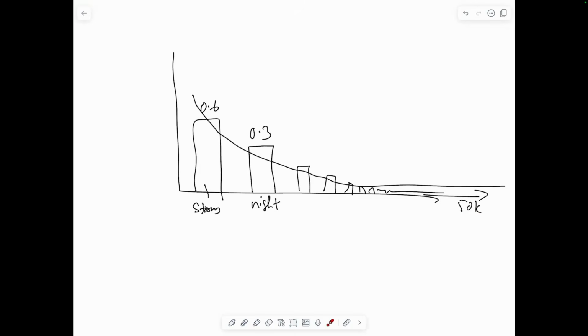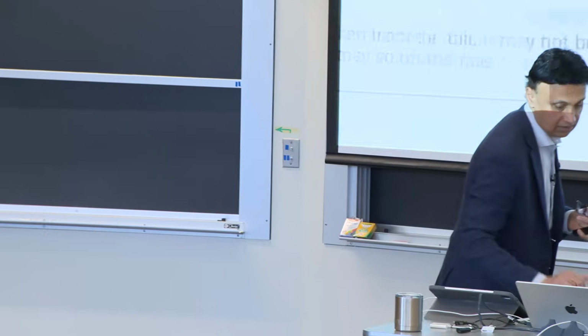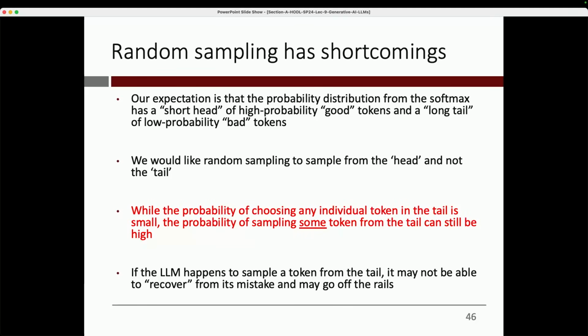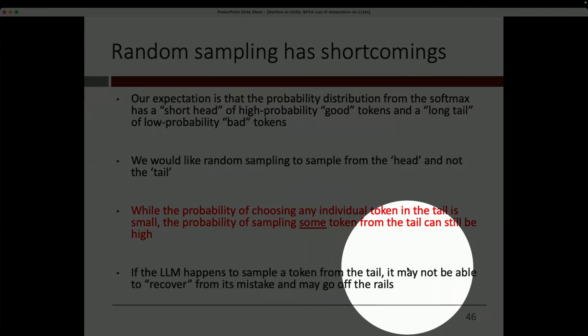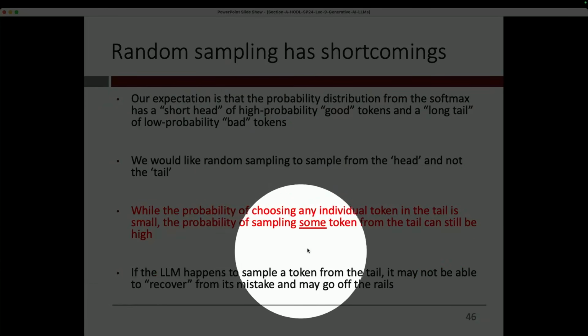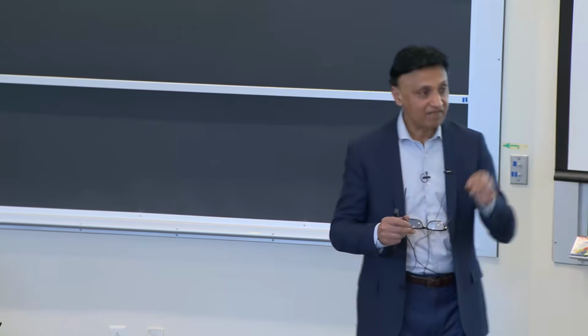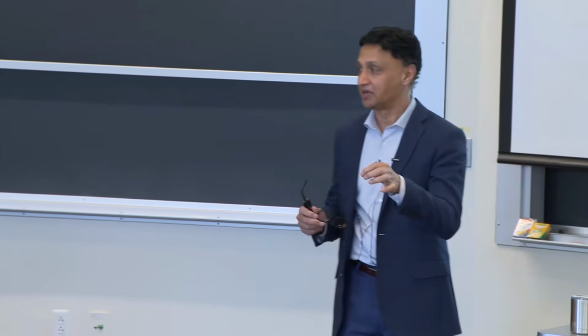And who knows what that word is going to be? It might be some random nonsense word, right? So if the LLM happens to sample a token from the tail, which is not good, it won't be able to recover from its mistake. It'll just go off the rails. Which is why every word that gets generated is really important to get right, because it can't recover very often.